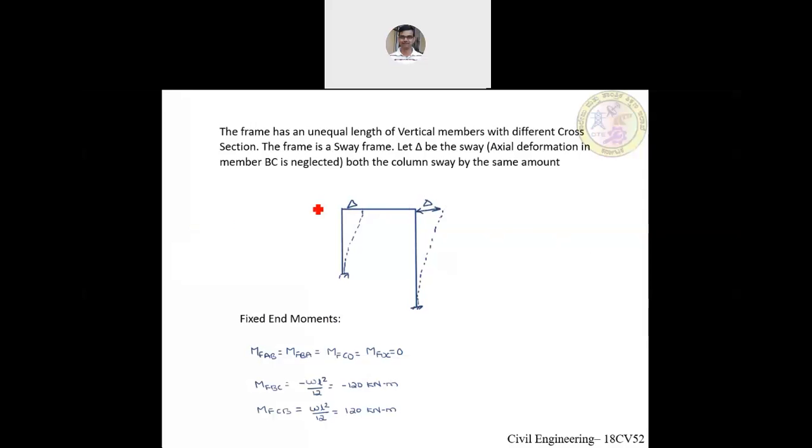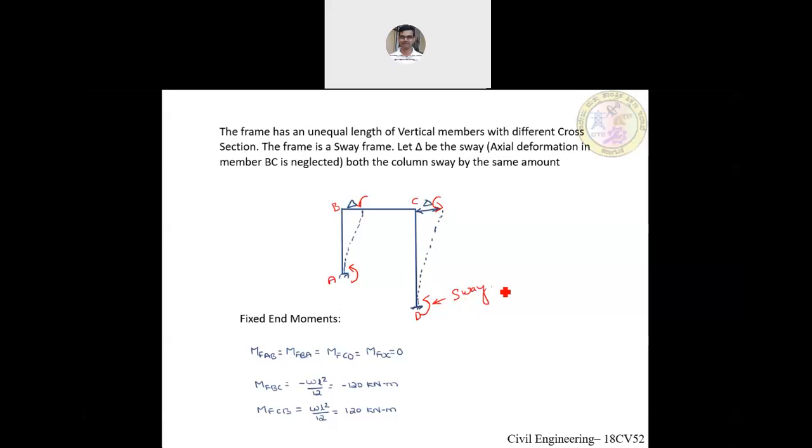As this member gets deformed like this, a moment gets generated at this joint, in order to make the rotation zero over here, and here also a moment gets generated like this, and at joint D we'll get a moment like this. This is A, B, C, and D, and these are the moments because of sway.